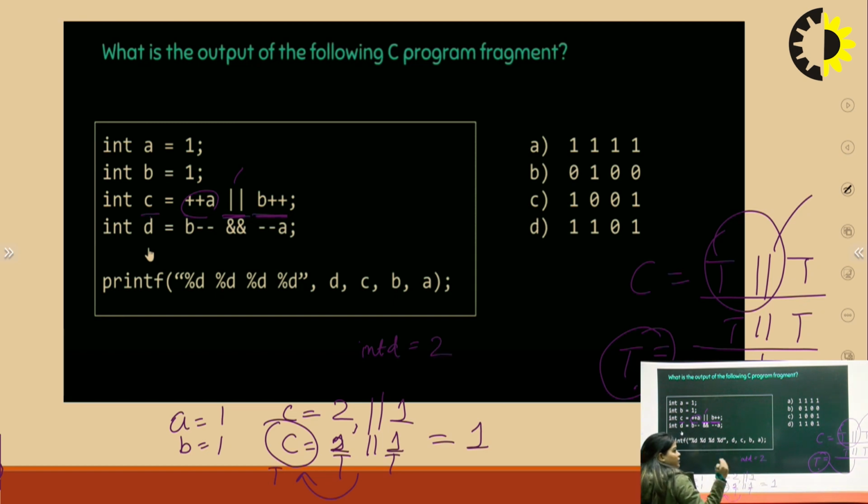Later on it will become something else, that's another issue, but this is logical AND. And here minus A, minus A. And what was A? Initially A was 1 and later on it became 2.